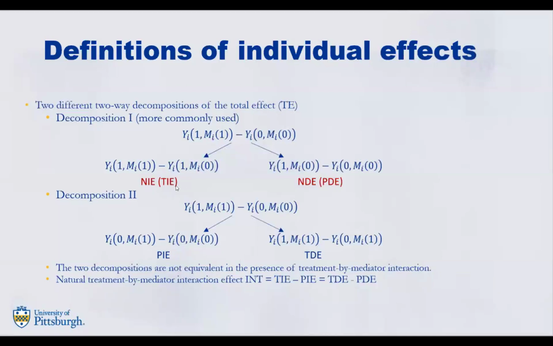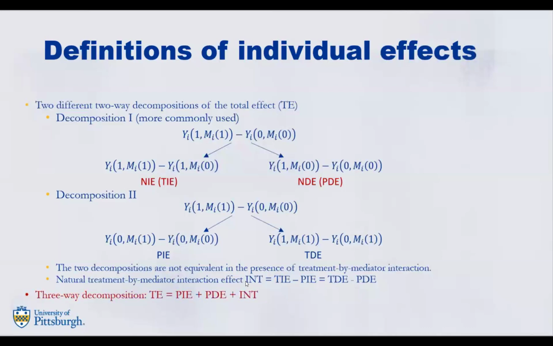So if you replace TIE with PIE plus the interaction effect, or replace this TDE with PDE plus the interaction effect, you can obtain the three-way decomposition. So the total treatment effect can be decomposed into the pure indirect effect, the pure direct effect, plus the interaction effect.